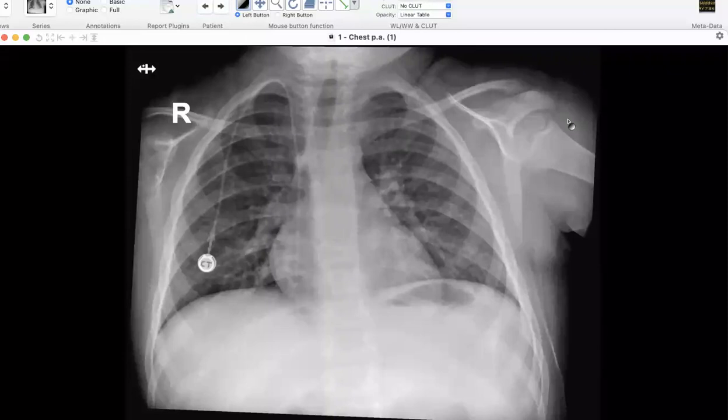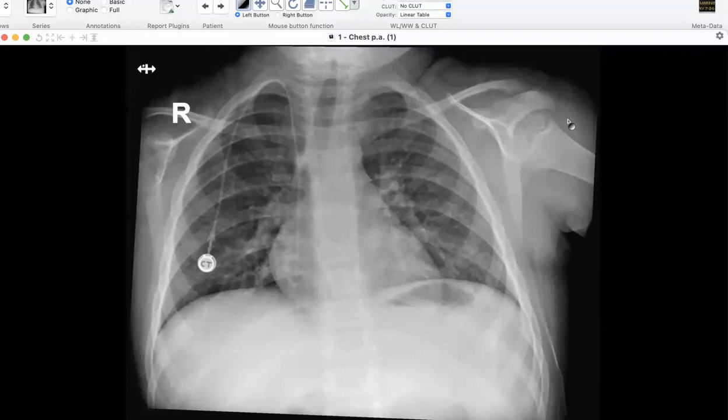Costophrenic recesses and cardiomediastinal shadow are normal. Reviewing the bony structures, I cannot clearly see the right humeral head, and there is a kind of altered texture of the glenoid process of the right scapula.